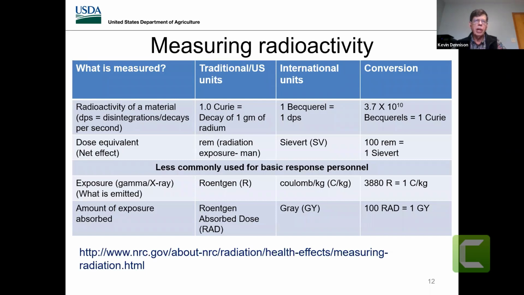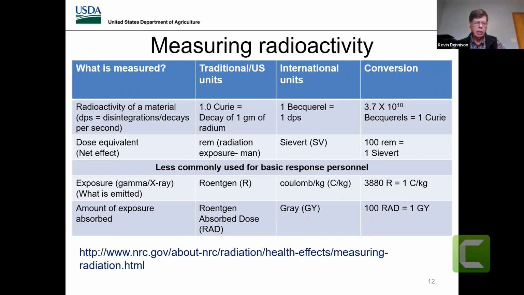When we measure radioactivity, there are some challenges because, much like inches and miles versus meters and centimeters, we have two different systems of measurement being used in the world. The old measurement is the Curie.